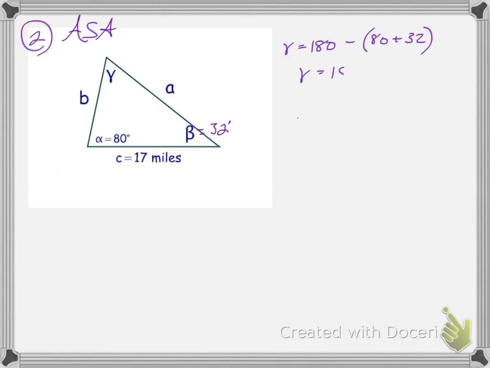So gamma is equal to 180 minus 112, which is going to be 68 degrees. And now from here, you can use the law of sines to find the other two.